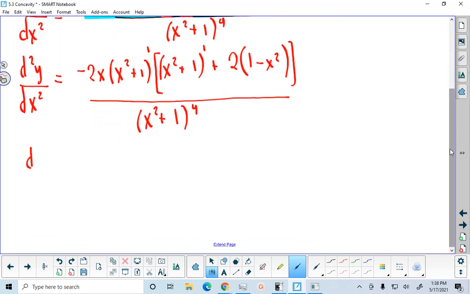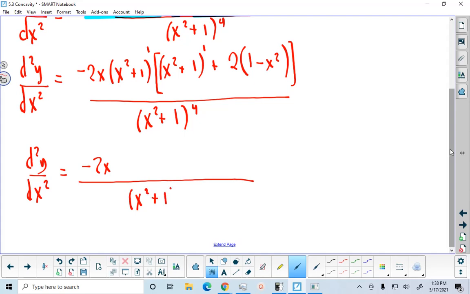Let's see, d2y dx squared will be negative 2x. I'm going to take that x squared plus 1 to the 1 on the top and reduce it with one of the x squared plus 1's on the bottom to give x squared plus 1 cubed.